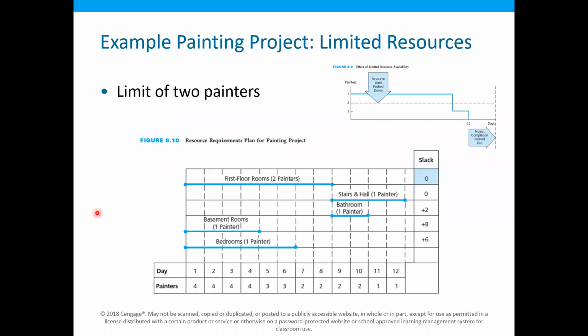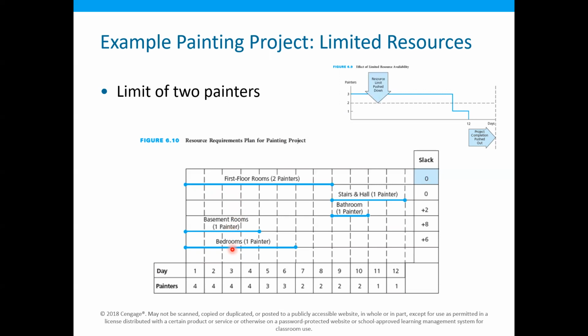In order to tackle this situation in a more systematic way, okay, this is a very simple project. If you just look at it without much thought, you can see that we only have two painters available but we have a requirement of four painters. Over here we need two painters for the first floor rooms, one painter for the basement room, and one painter for the bedroom.